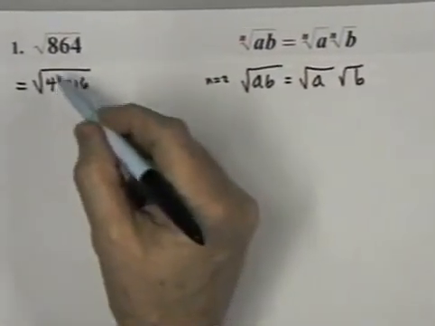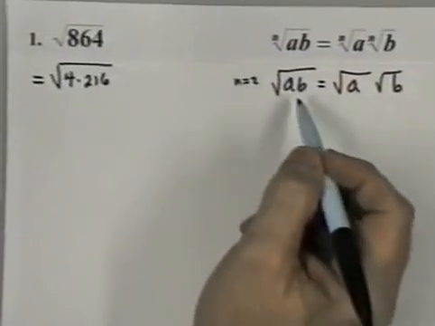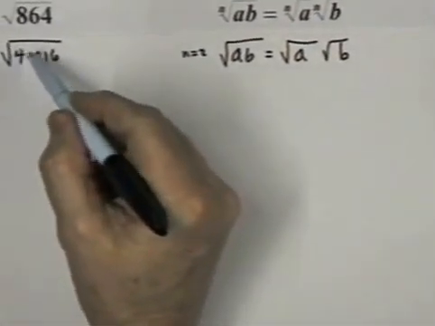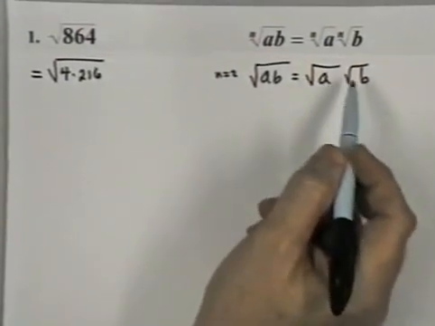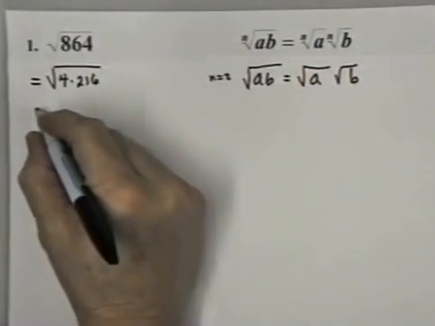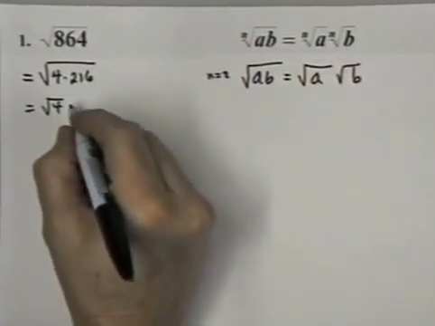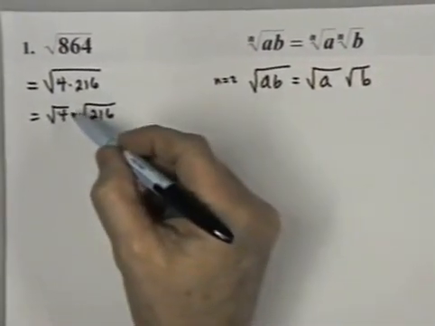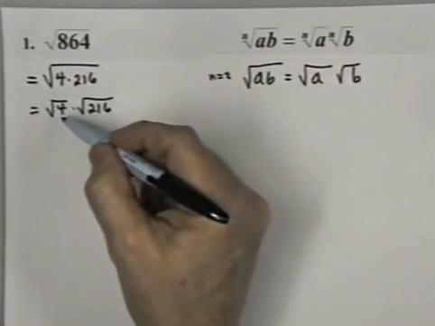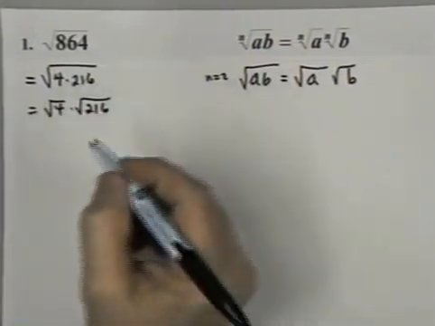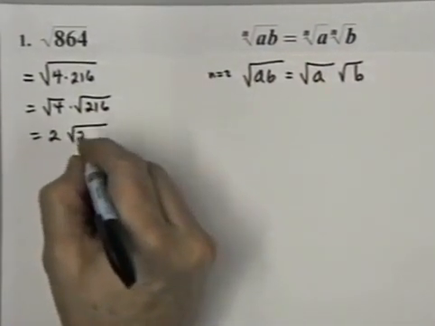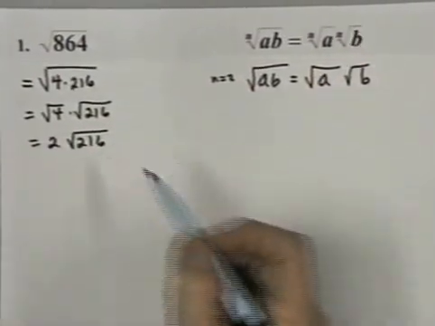So I want to remove it. Well, this property allows me to do that, because now I've got the square root of a product, and the square root of a product is the product of the square roots. So I'm going to write this as the square root of 4 times the square root of 216. And the principal square root of 4 is 2, times the square root of 216.